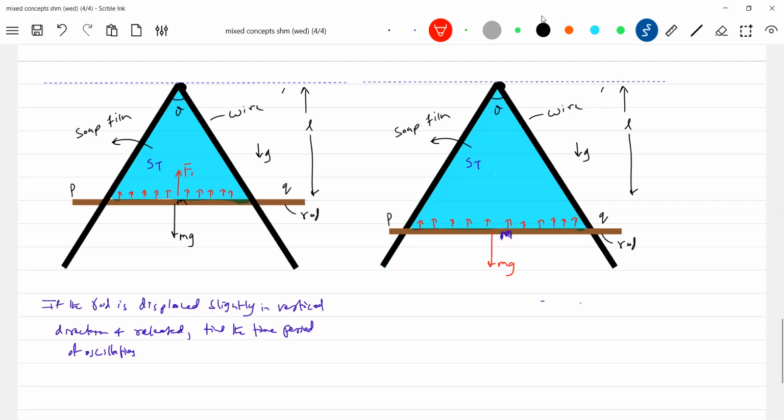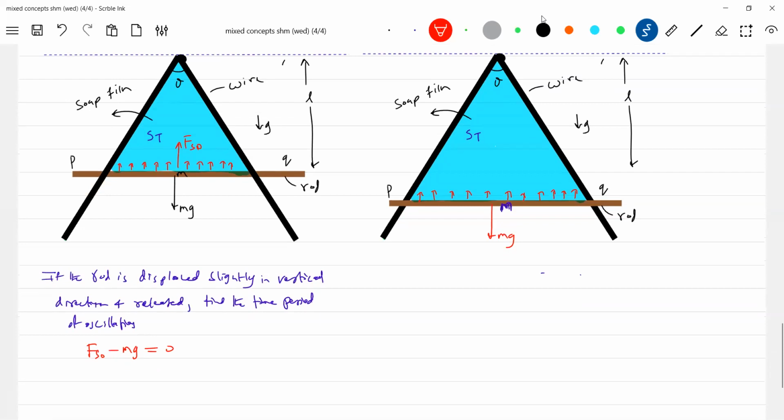I'll write Fs1. So initially it will balance, or Fs naught, let it be. So let's start from there. At equilibrium, Fs naught minus mg equals 0. What is Fs naught? Surface tension, 2 times surface tension into length.